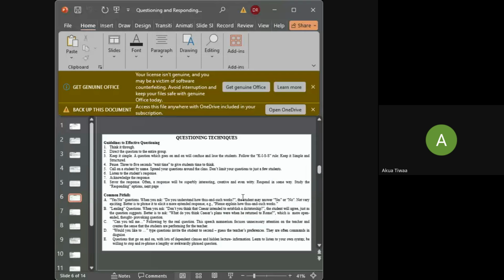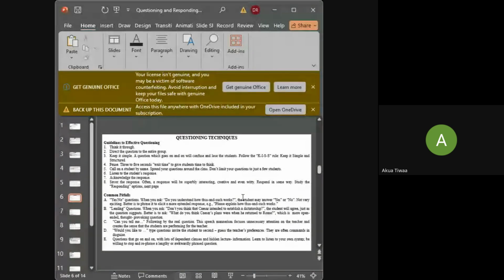And then use thinking questions as well as recall questions. How, why questions usually require some degree of thought. And then who, what, where questions usually elicit remembered information.